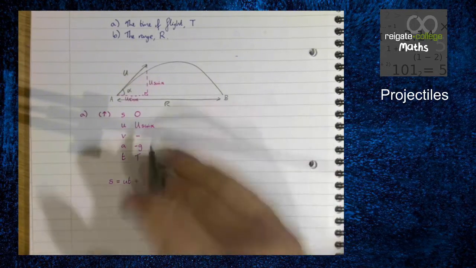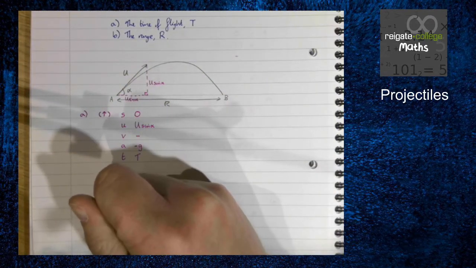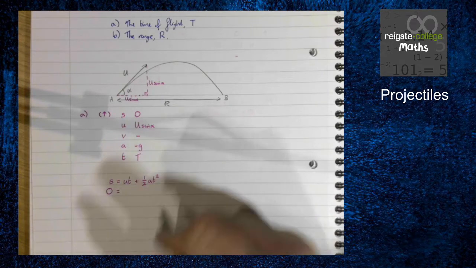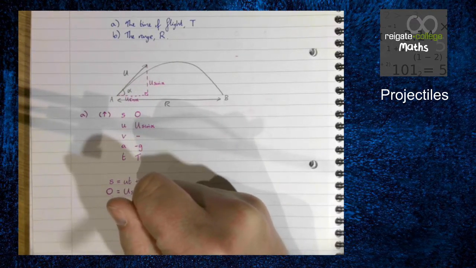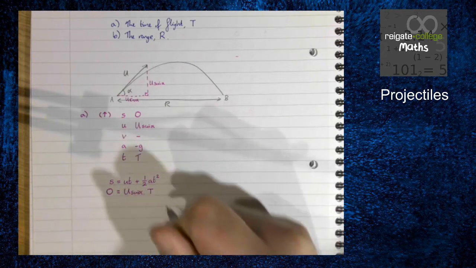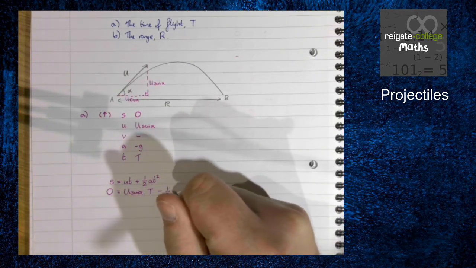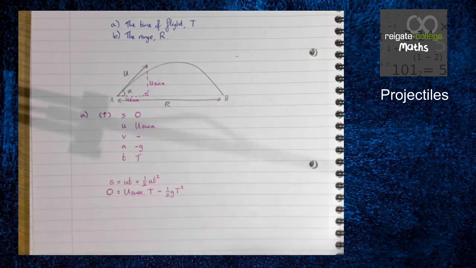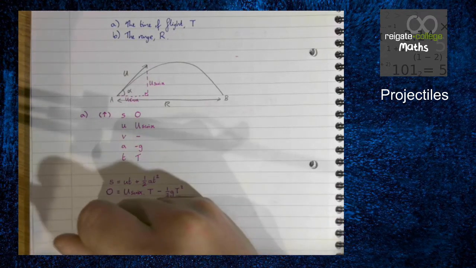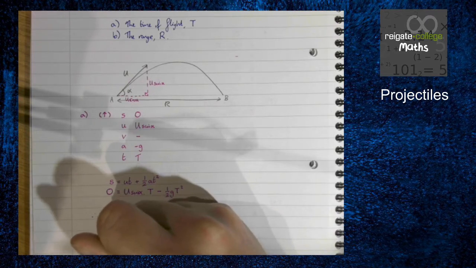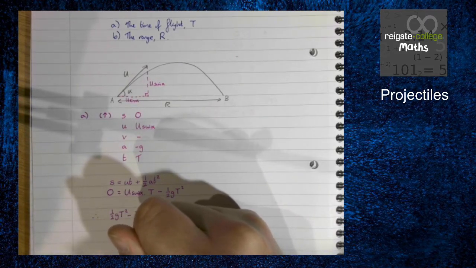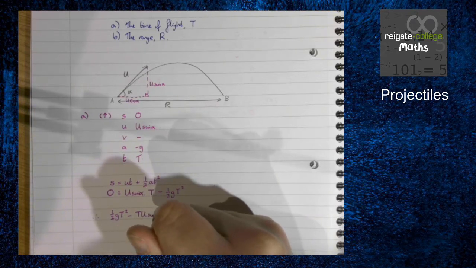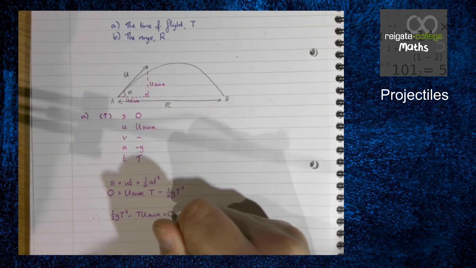Now we've got that, it's just a case of putting in everything we know. So s is 0, u is u sine alpha, we're timesing it by T, minus a half g T squared. And then exactly like we did before, we're going to factorize. So therefore, a half g T squared minus T times u sine alpha equals 0.